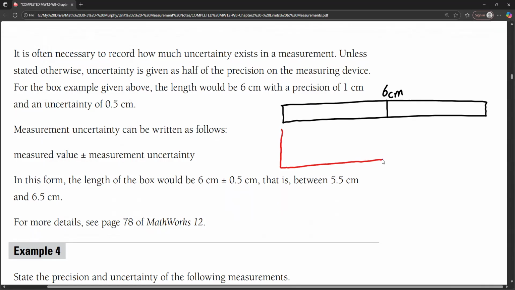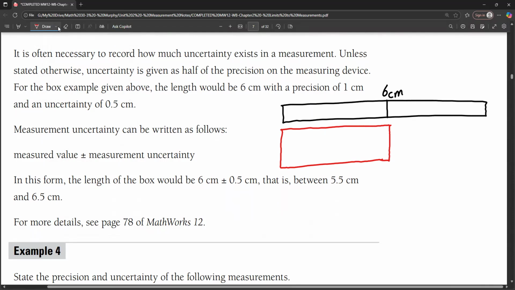And it kind of lands somewhere there, just a little bit ahead of the 6 centimeter mark. And let's say the next increment is right there, and that's 7. So this is 6 centimeters, this is 7.